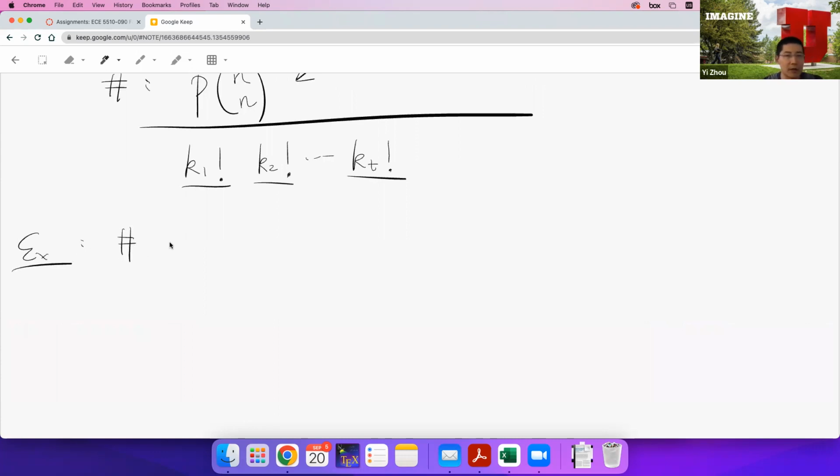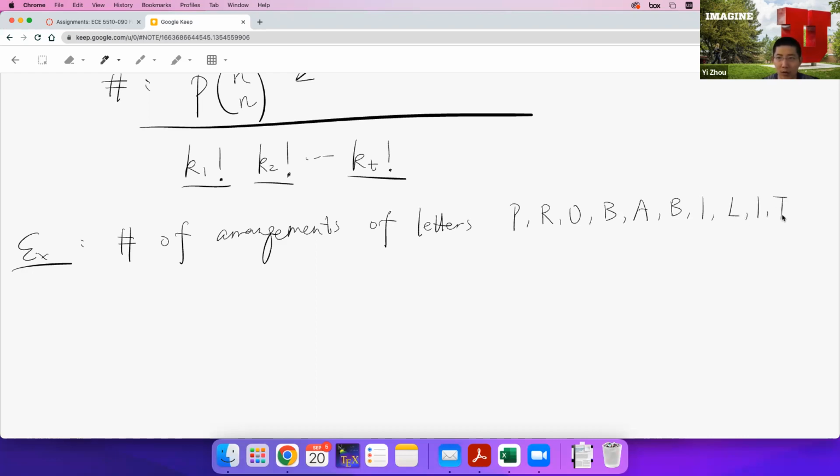So for example, we can apply this to calculate the number of arrangements of these letters.